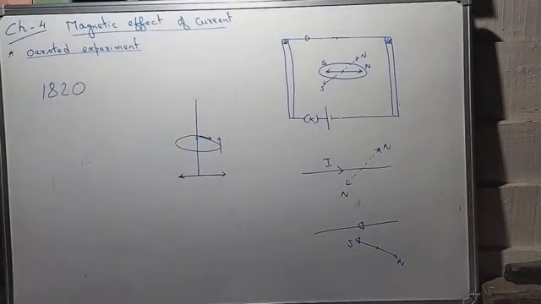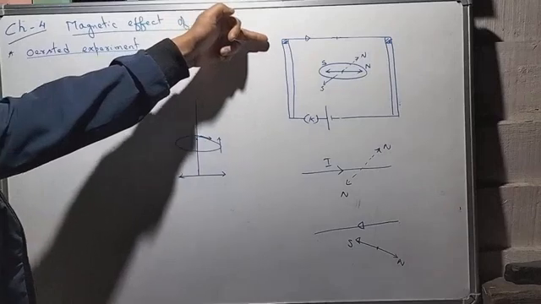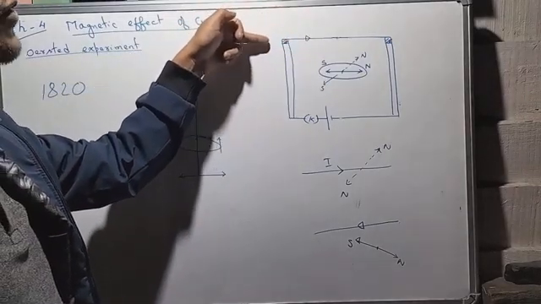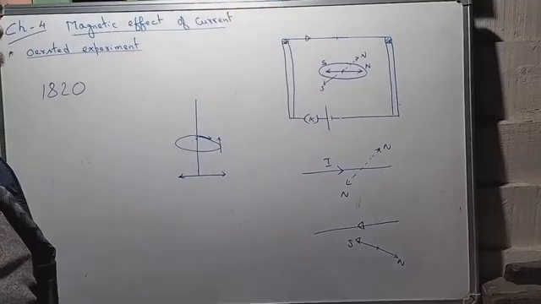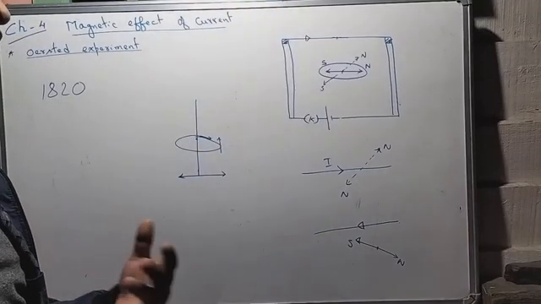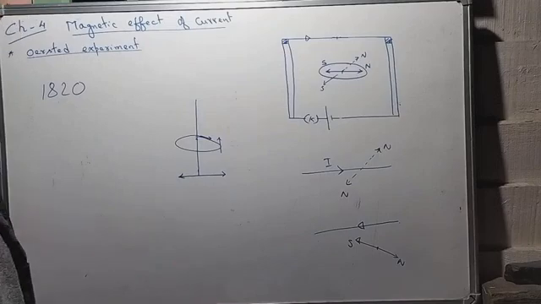After this experiment, Oersted thought about what is the cause that makes the needle deflect in this case. So finally he found that there is a magnetic field which is produced by this conductor which carries a current. Because a magnetic needle can always be deflected by a magnet only, right?